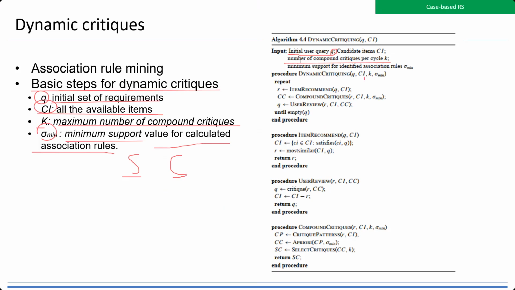So this is the algorithm. And we will look at the item recommended and the user review, and based on the compound critics. The compound critics that we want to look at are based on the minimum support.